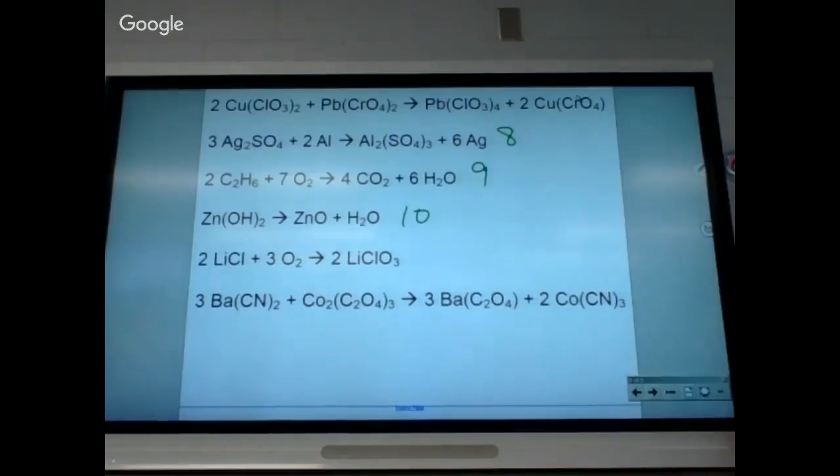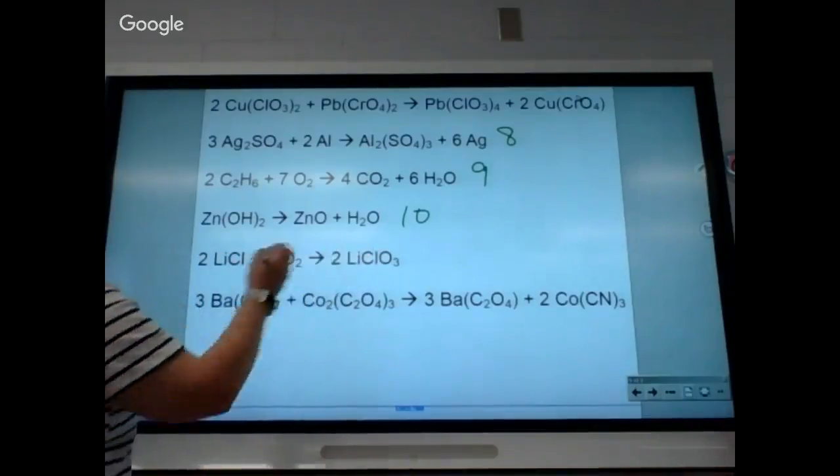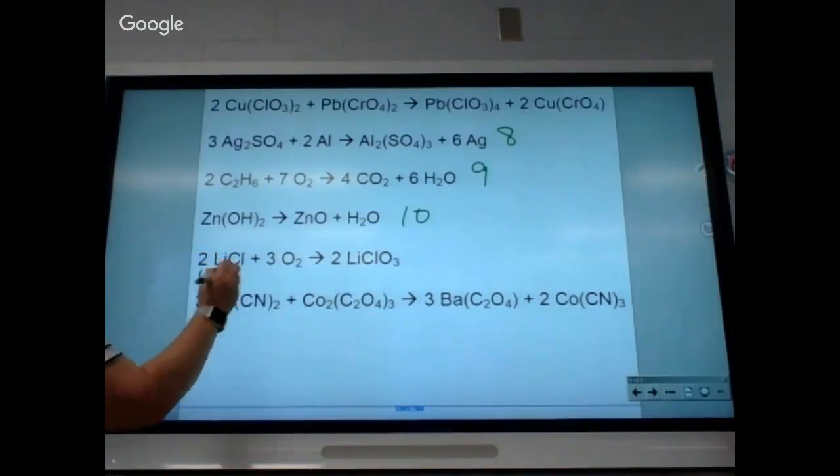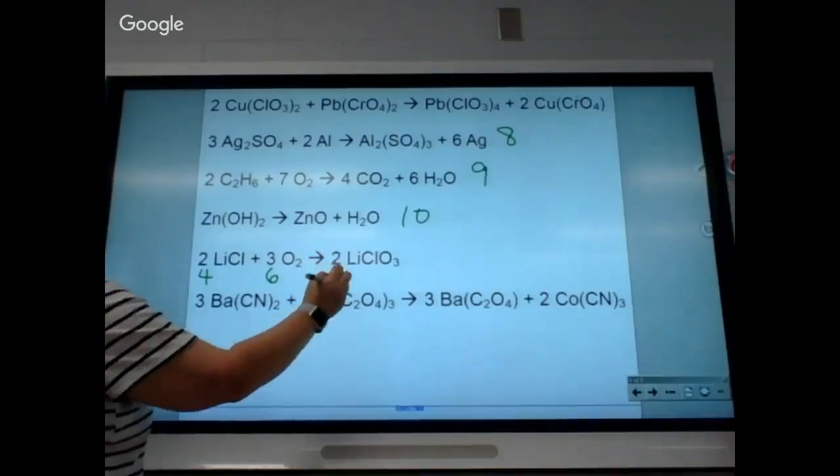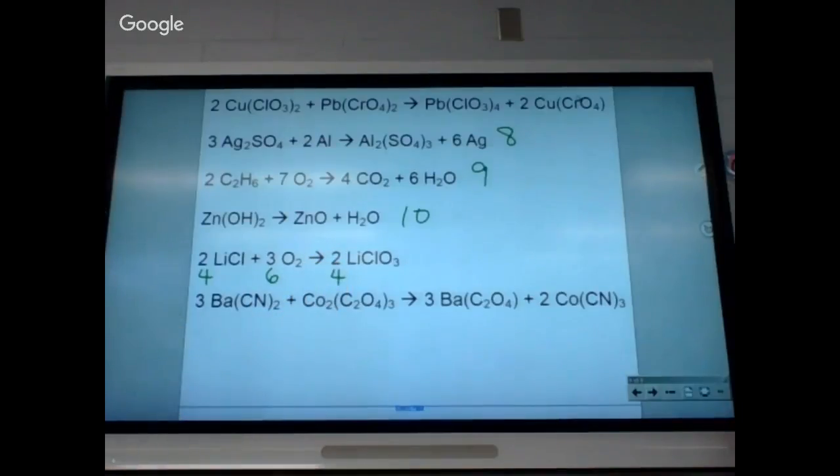But every now and then, you will have an example where, let's just say for a moment that you did this and your coefficients were 4, 6, and 4. What do the coefficients 4, 6, and 4 reduce into? Yes, you need to reduce that. If that is your coefficients on the quiz today, I would expect you to recognize, oh, I should reduce those coefficients and get 2, 3, and 2.